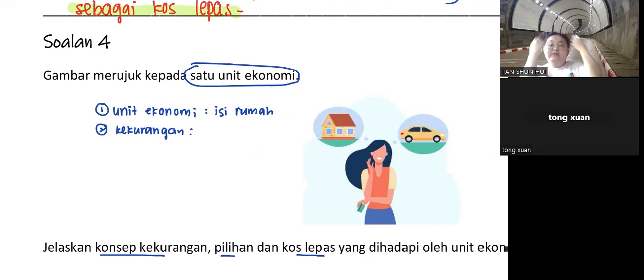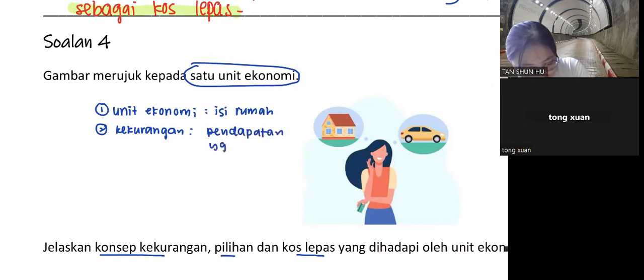What is the kekurangan for isi rumah? We always have not enough. Terhad. What terhad? You and me, we lack what? Yes, pendapatan yang terhad. So, we need to membuat pilihan. Now, because they gave you pictures of a house and a car, you can further give an example, plug in an example.